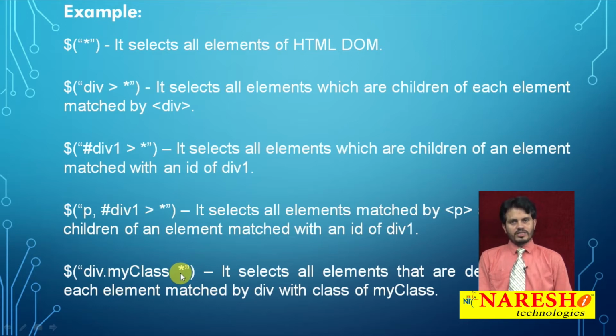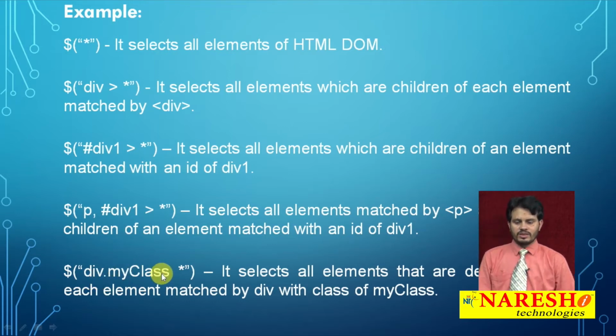So it selects all the elements that are descendants of each element matched by div with a class of myclass. So it is not going to select the div with myclass, it is going to select all the elements, due to this star, which are descendants of each element matched by this div, and the div must have a class of myclass.